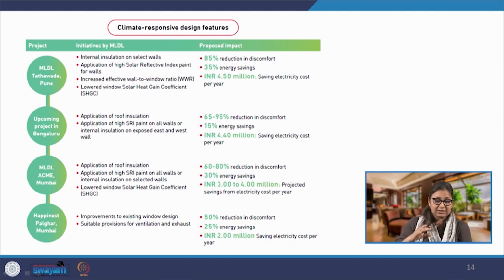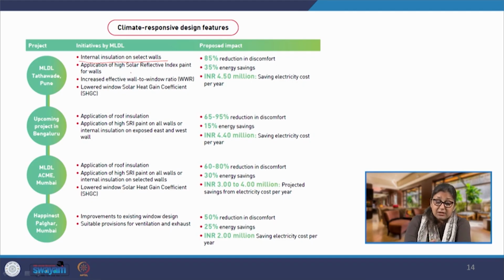But if we look at some specific projects and the specific tasks that they have implemented there, for example, in MLDL Tathavade Pune, they have added internal insulation on selected walls to reduce the heat ingress and thereby reducing the energy consumption.